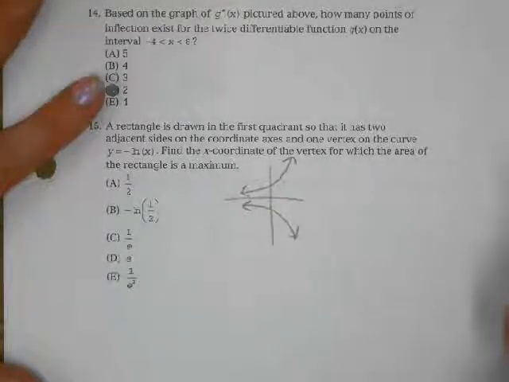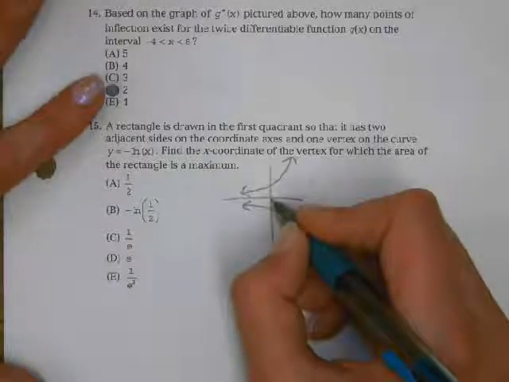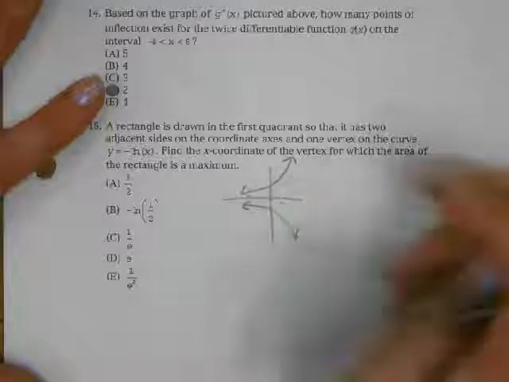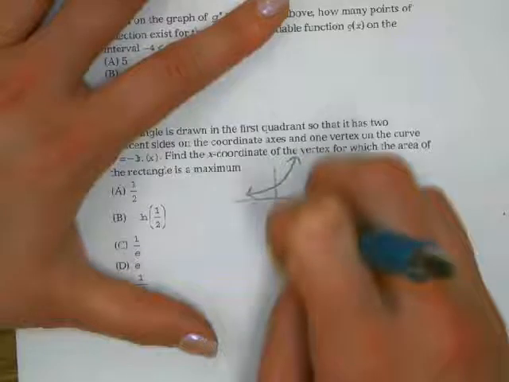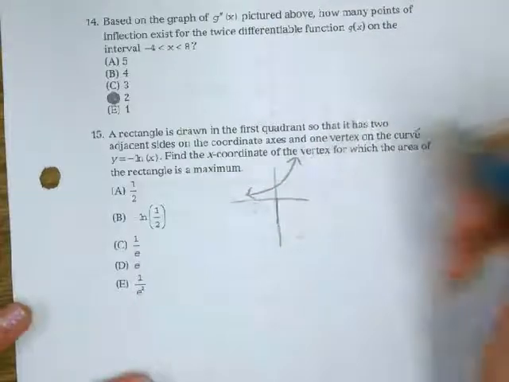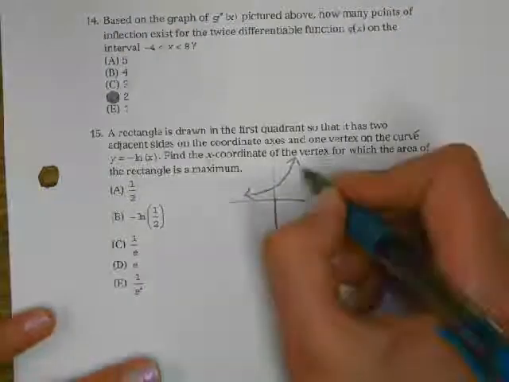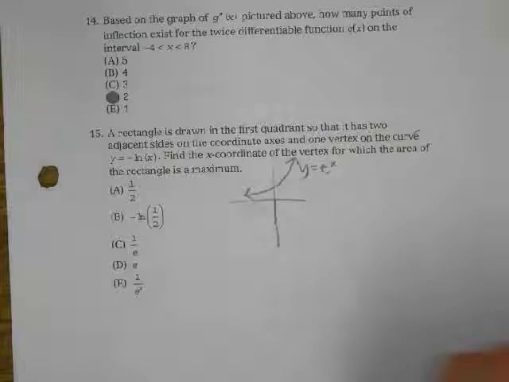And I know that ln x is what happens when you reflect the graph. Maybe I should, hold on, I'm going to do it like this first. Not negative. I'm going to be honest, I cheated and I graphed this on my calculator, but I'm trying to talk you through it. So this is e to the x. E to the x and ln x are inverses of each other.